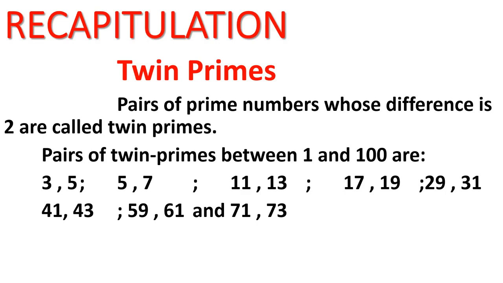You can see that in every pair the difference is 2, and all these are prime numbers also. This is very important. There are many numbers where we can get a difference of 2, but both the numbers must be prime, and the difference must be 2. Then they are called twin prime numbers.